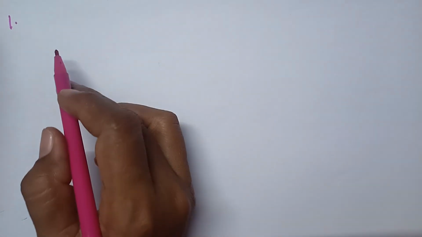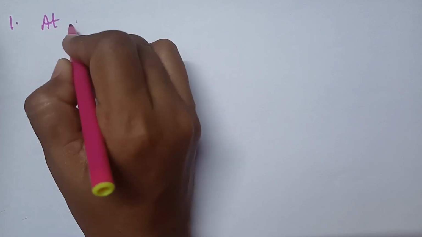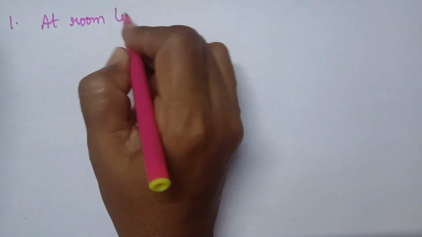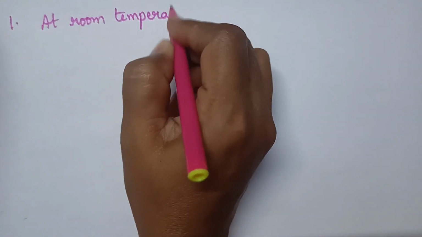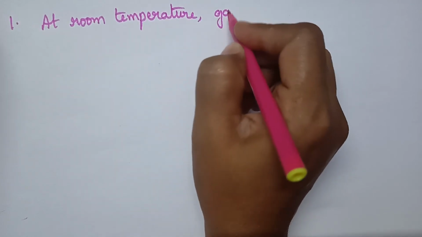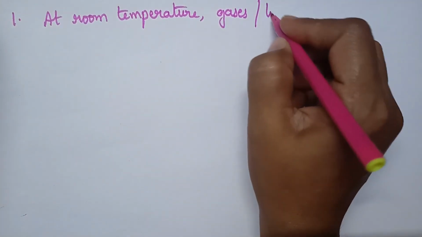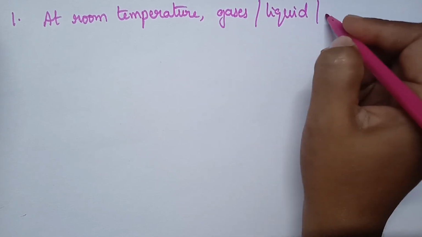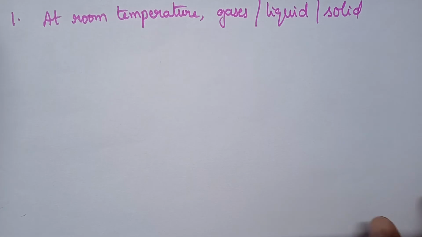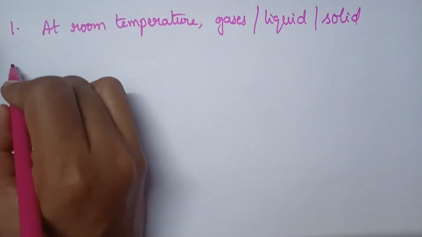And let us discuss the properties of covalent compounds. Generally, a covalent bond is formed due to weak van der Waals force of attraction. With the result, at room temperature, these covalent compounds are available in the form of gases or liquids, or they can also be present in the solid state if the molecular weight of the compound increases.